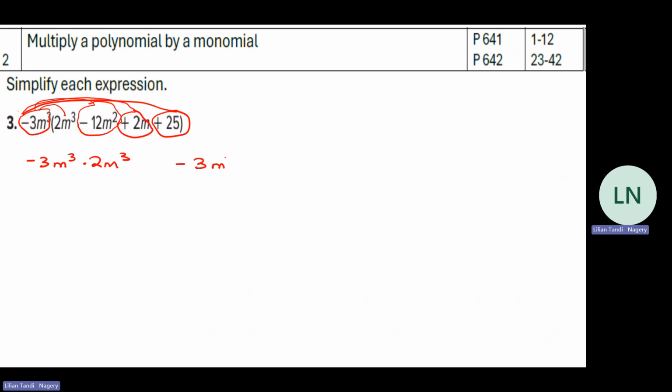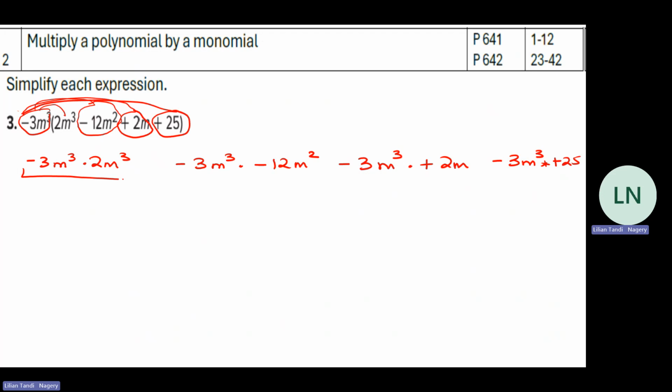Negative 3m cubed times negative 12m squared. Negative 3m cubed times positive 2m. Negative 3m cubed times positive 25.